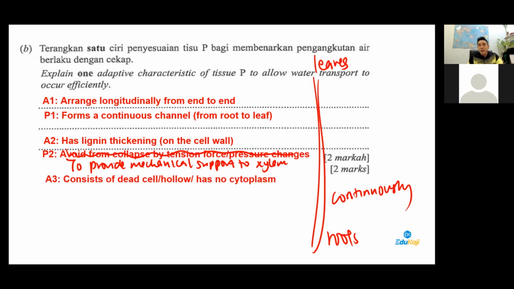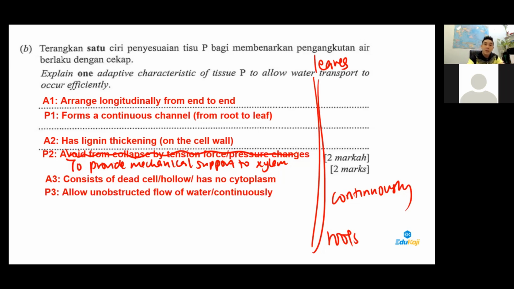And if you find that, let's say you want another extra one, or if you're preparing for exam, sir, can you give me another one more? So you can use this because xylem and sclerenchyma have 2 similarities. Number 1, lignin. Number 2, dead cells.